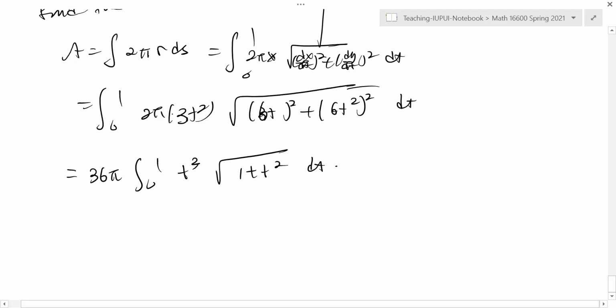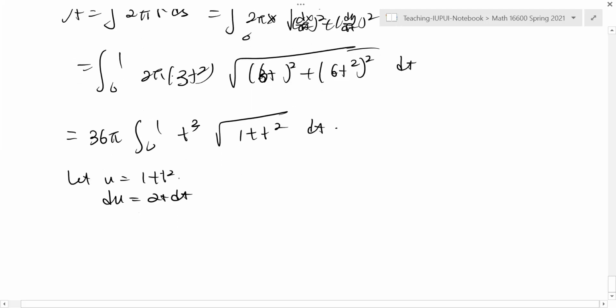All right, so you can use a trigonometric substitution because you see 1 plus t squared there. But I'm trying to use a regular substitution. Let u be 1 plus t squared, du equals 2t dt. That's okay. So this is going to be 36 pi from 0 to 1. And t cubed is going to be t squared times t, right?